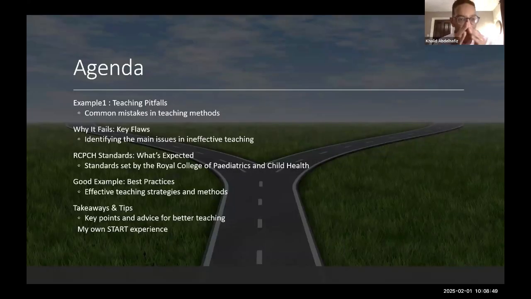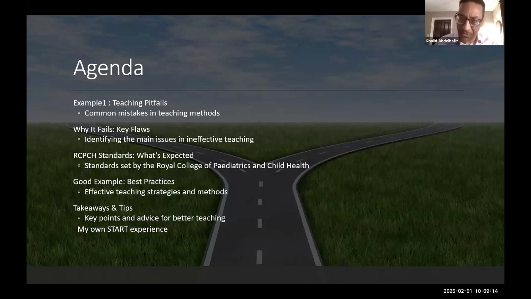So today we will be mainly, hopefully, more of an interactive session. The agenda is about giving you an example of teaching, and quickly discussing together why it's not really good, because some forms of teaching are not the best.